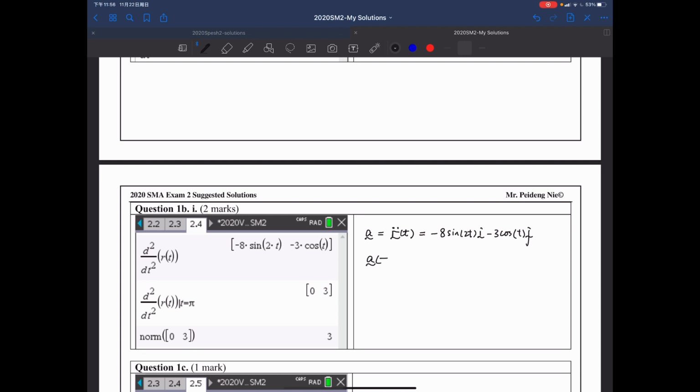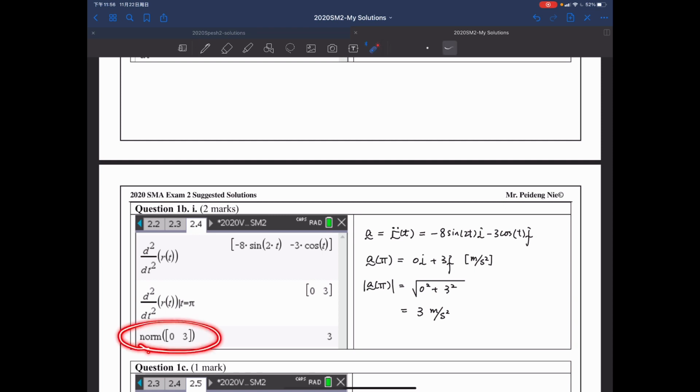So when t equals pi, I directly get 0i plus 3j, and the unit is meters per second squared. But we want the magnitude, not just a vector quantity, which means I should take the square root of 0 squared plus 3 squared, and I should get 3 meters per second squared.